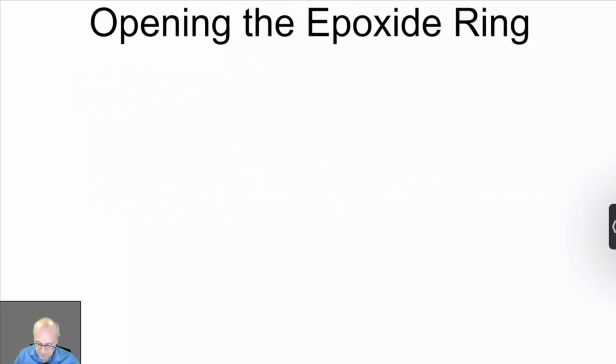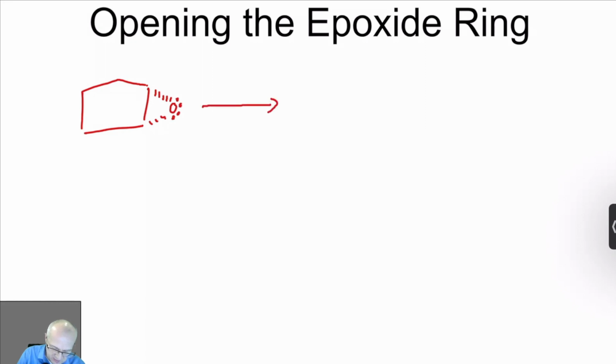All right. Now let's look at opening of these epoxides. So let's imagine we had this epoxide right here, and we added in some acid, so H3O plus. We just added in some hydrochloric acid or something, dilute acid. From that, we're going to get this.